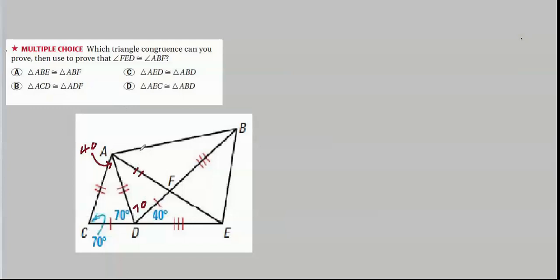Now that we have that, what else can we show? Well, how about this triangle here that goes from A, let's see here, ABF, and then this one, which goes from AC, AE.